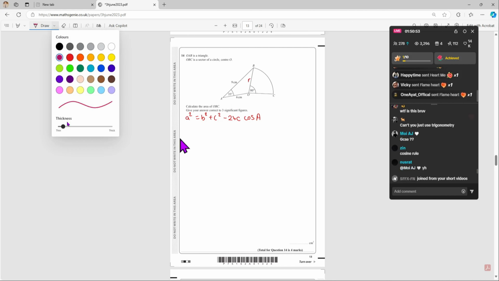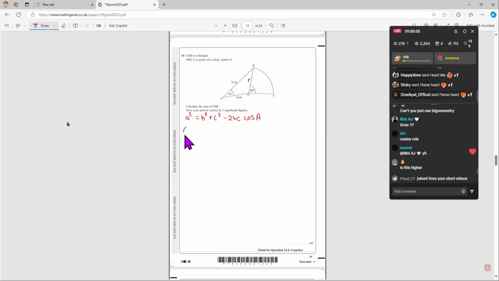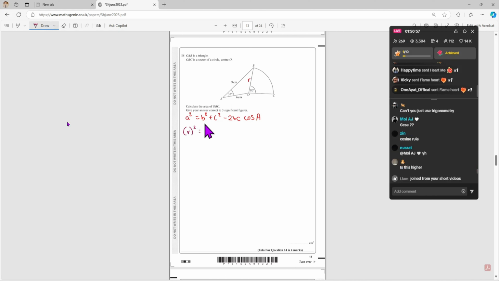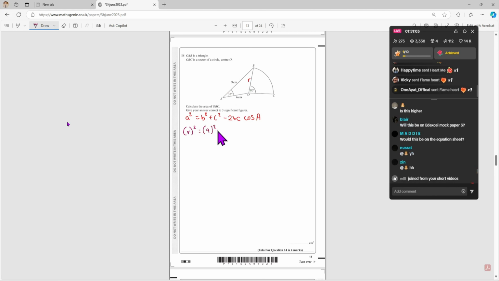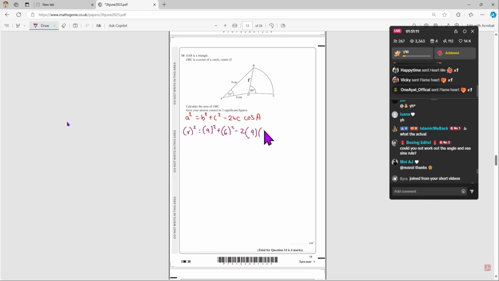So r squared is equal to b squared, b is going to be our 9, so 9 squared plus c squared, which is 6 squared, minus 2 times our b value 9, times our c value 6, times cos 35 degrees, because A is an angle of 35 degrees.